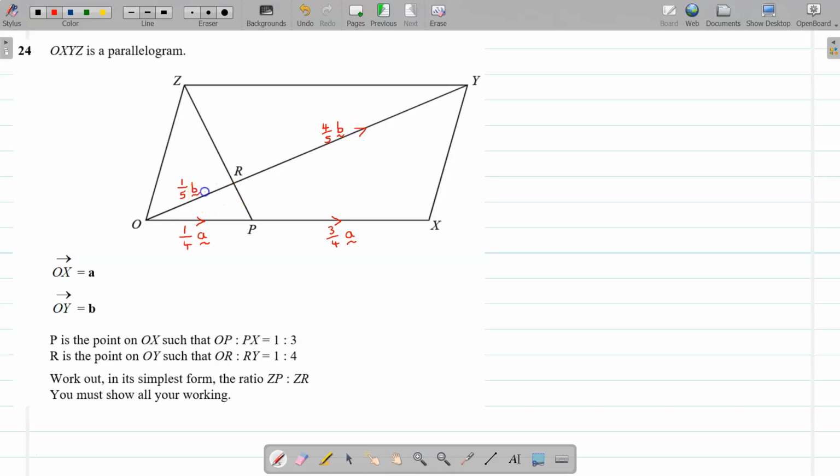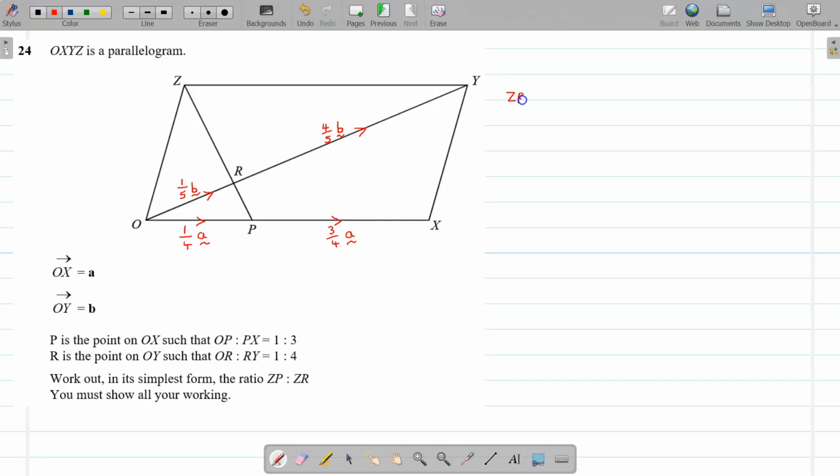That's important information because we're going to have to express all the other vectors in terms of A and B. Now, we've got to work out in its simplest form the ratio ZP to ZR. In order to do that, I want to find a vector expression for ZR and a vector expression for ZP.